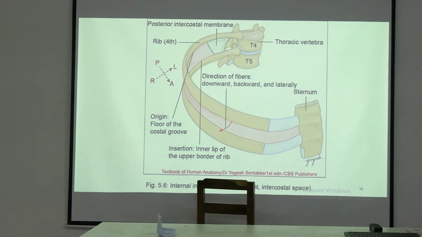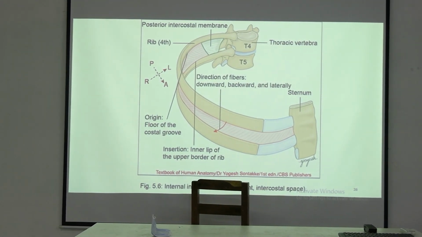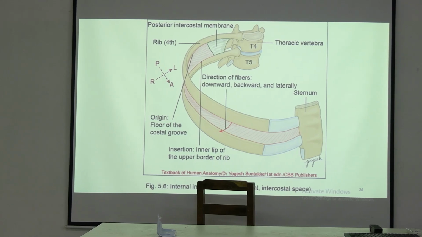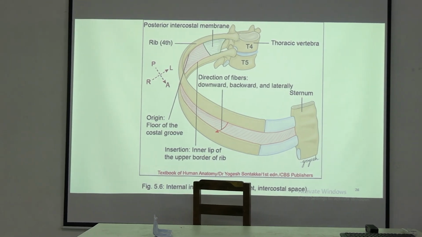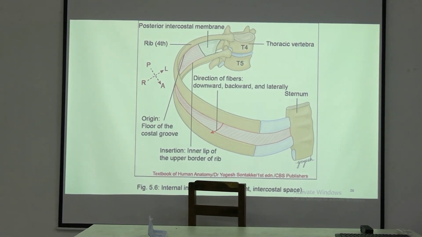What is the direction of the fibers of the internal intercostal? The direction of the fibers is downwards, backwards, laterally.